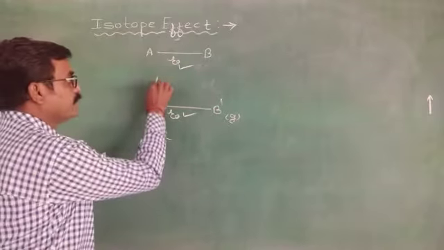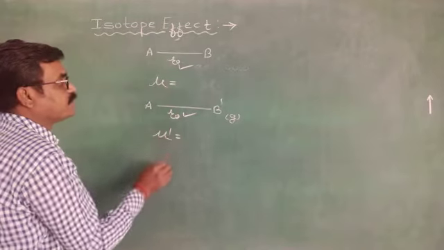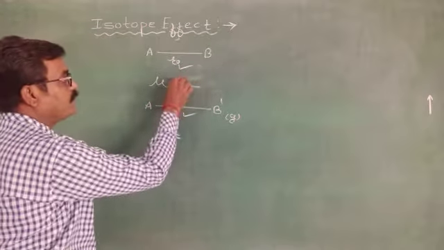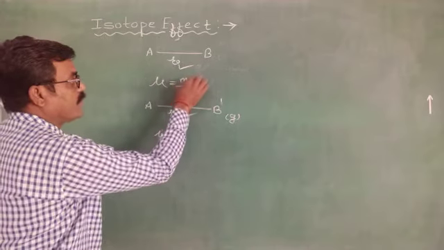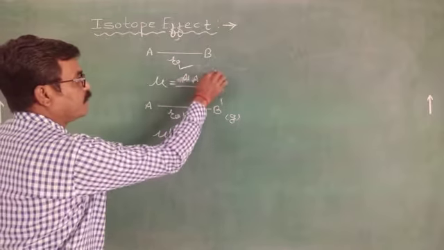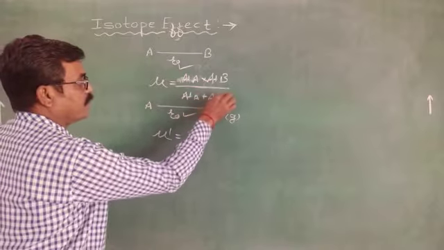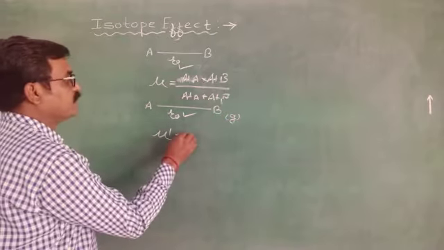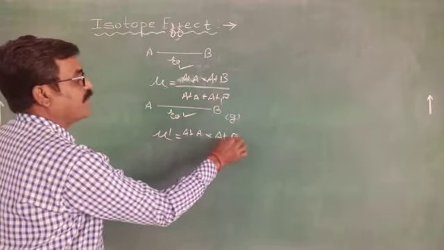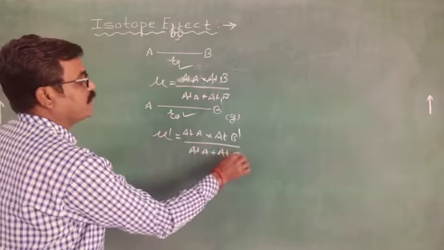If the reduced mass of AB is mu and that of AB dash is mu dash, then mu equals atomic mass of A into atomic mass of B upon atomic mass of A plus atomic mass of B, and mu dash equals atomic mass of A into atomic mass of B dash upon atomic mass of A plus atomic mass of B dash.